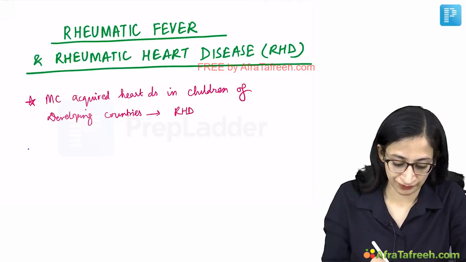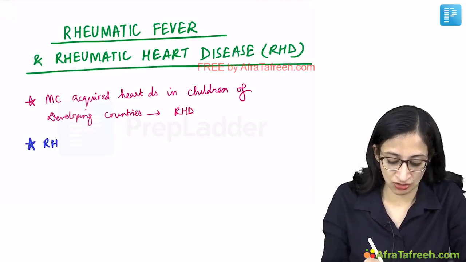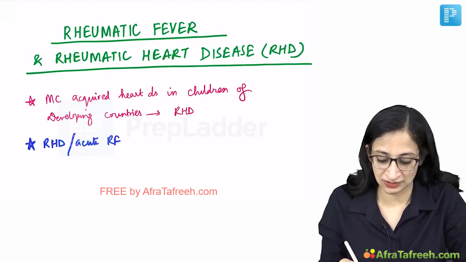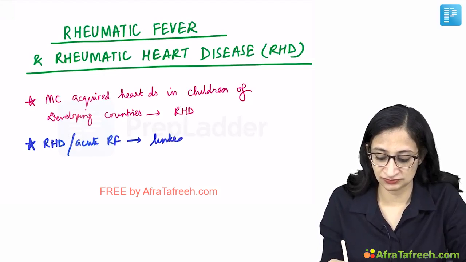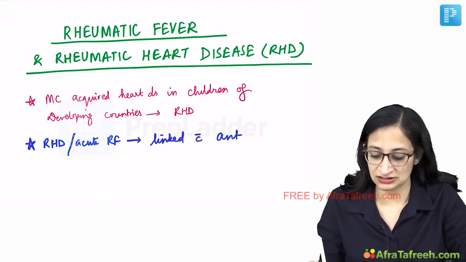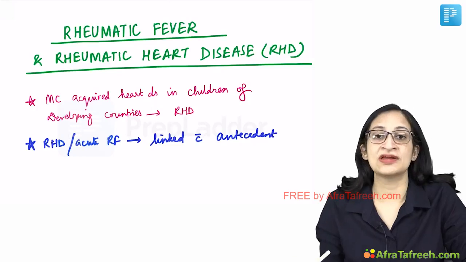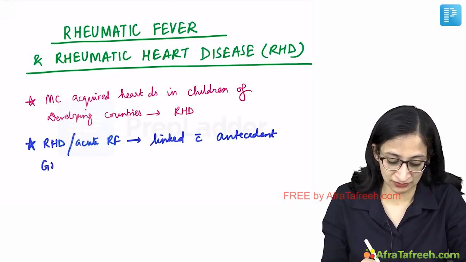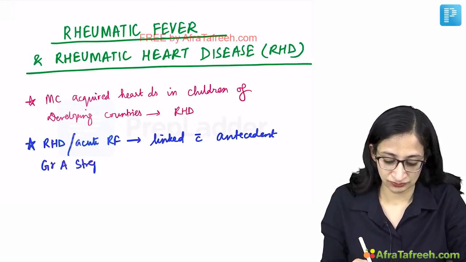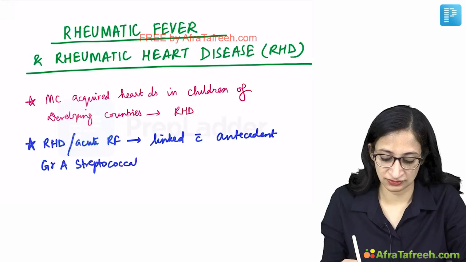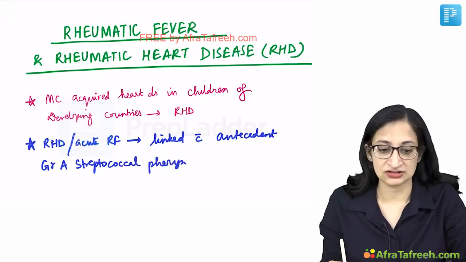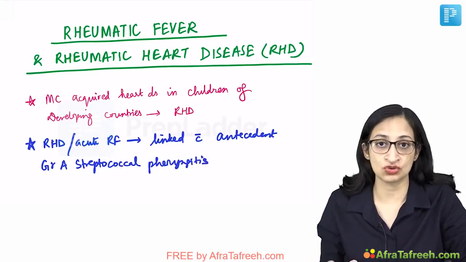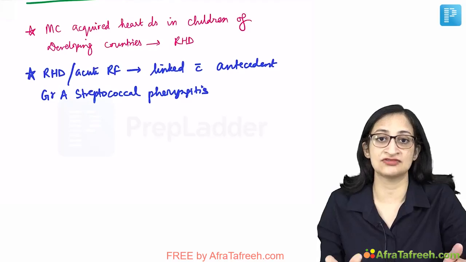So RHD or acute rheumatic fever has been strongly linked with antecedent group A streptococcal infection, mainly pharyngitis. Particularly, certain strains of group A streptococcus are notorious in predisposing to rheumatic fever.